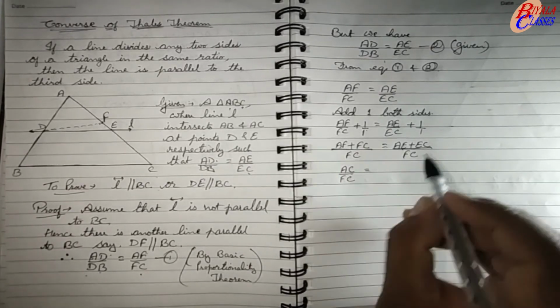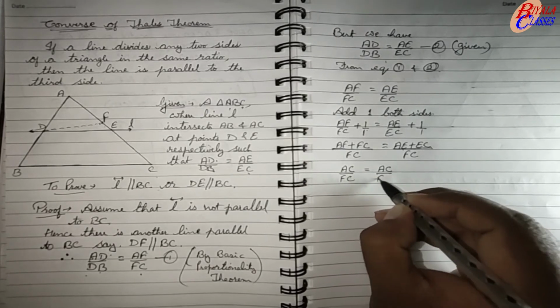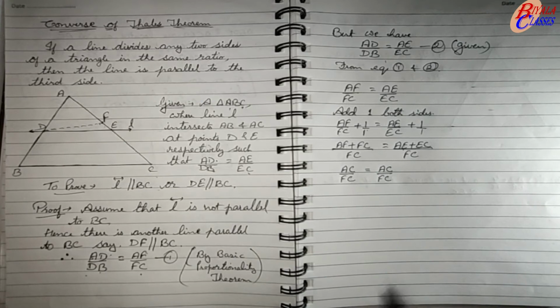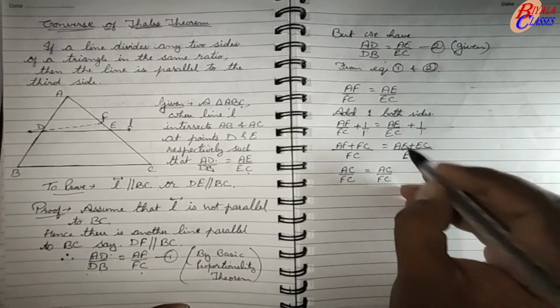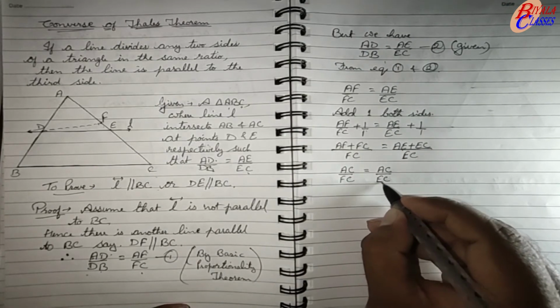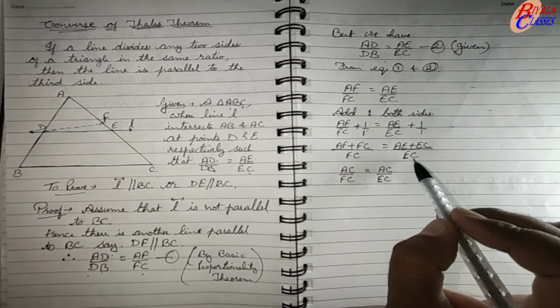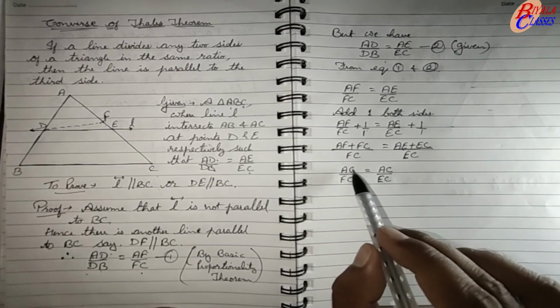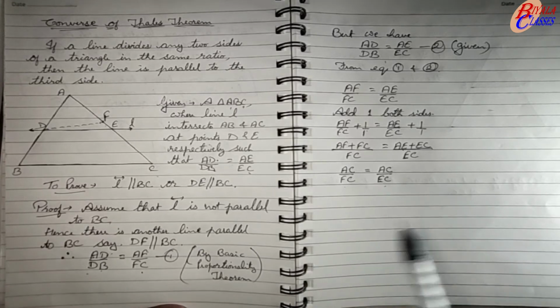And on the other side, AE plus EC is also equal to AC, so you have AC upon EC. Sorry, here the LCM is EC, not FC. This is a mistake done by me. So we have AC upon FC equals AC upon EC.